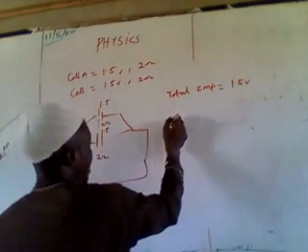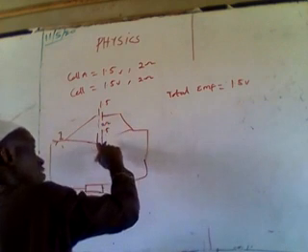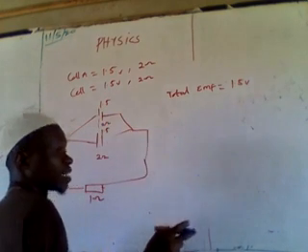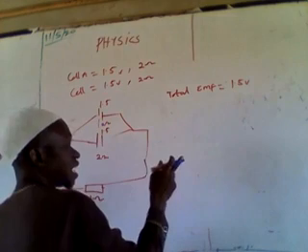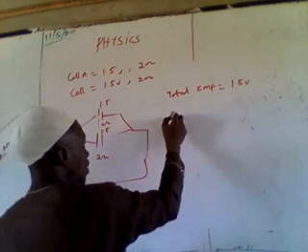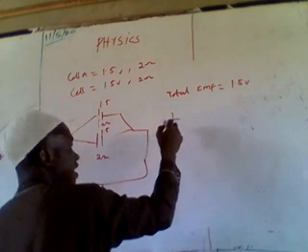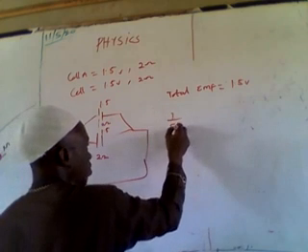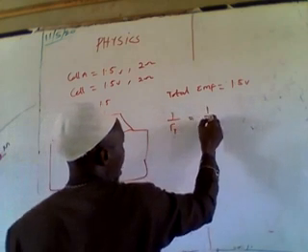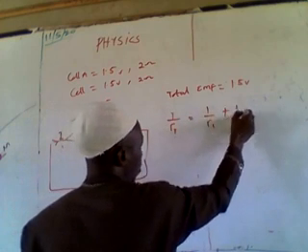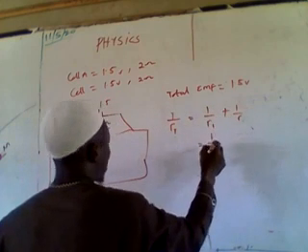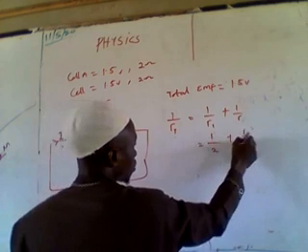So total internal resistance, since they are connected in parallel, I think you can still recollect the formula for internal resistance in parallel. It will be 1 over small letter r total equals 1 over r1 plus 1 over r2, which is 1 over 2 plus 1 over 2.